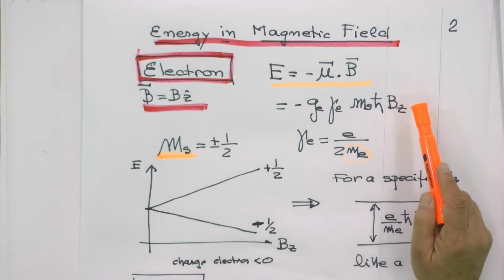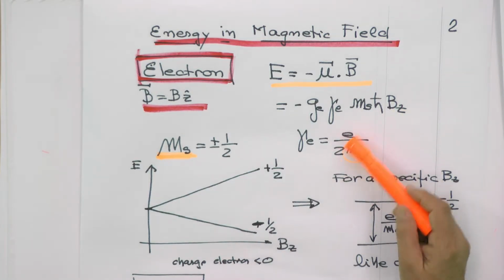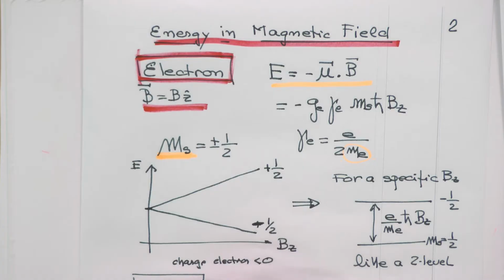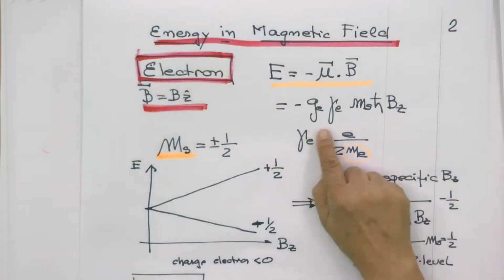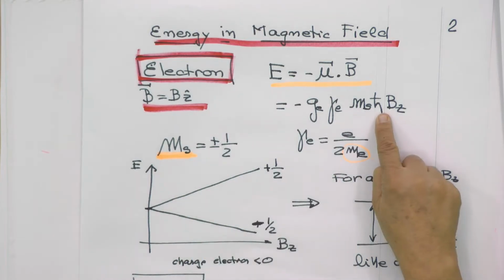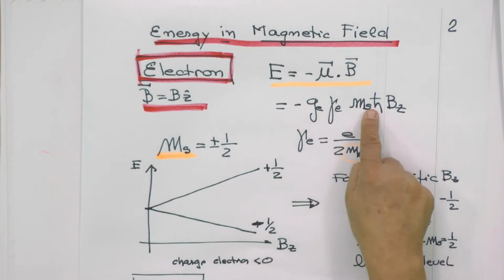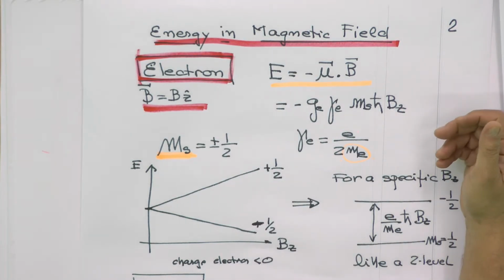And because we have the field in the z direction, and we have the charge of the electron negative, the overall energy of the interaction of the spin of the electron with an applied magnetic field is given by this expression, because I have to put the z component of the spin, which is this ms times h bar, times those quantities that make the magnetic moment times the field.